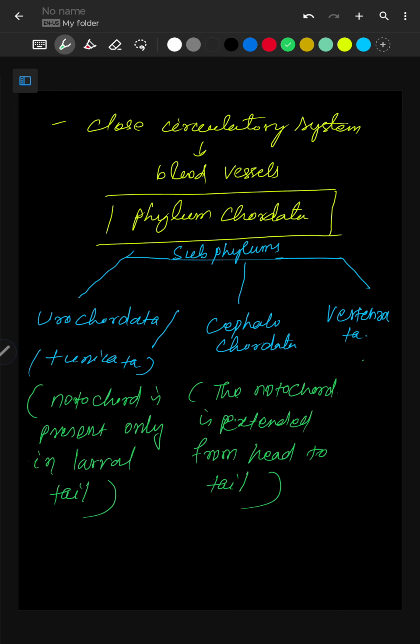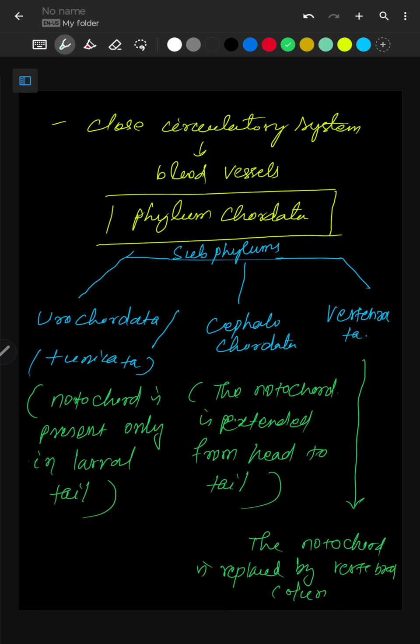Now come to some other features. In Vertebrata, you know that the notochord is replaced by the vertebral column. Now let us discuss Urochordata in detail.